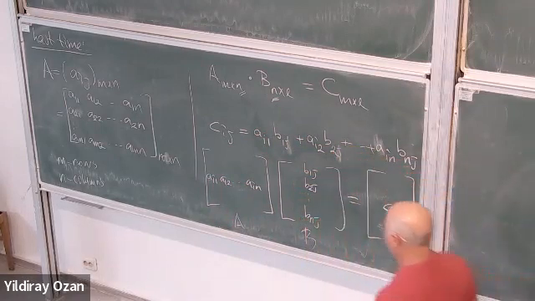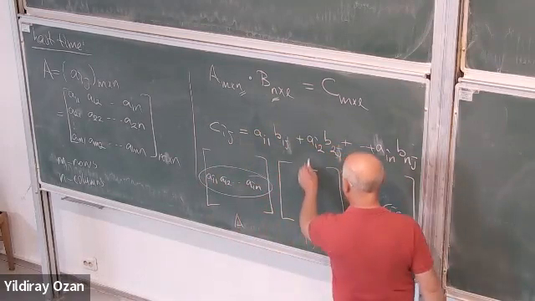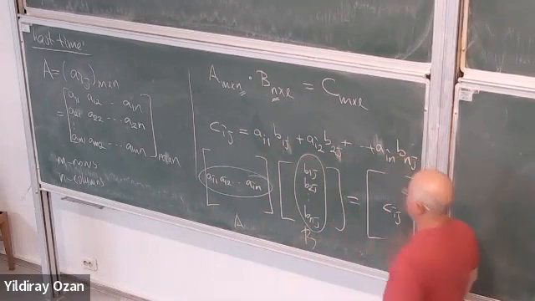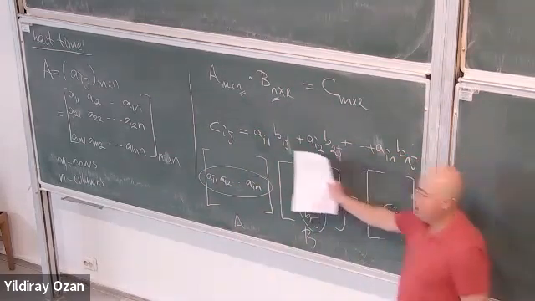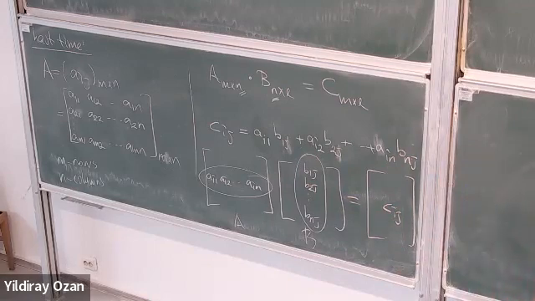Okay, so I multiply the ith row with the jth column this way, and I obtain the ijth entry of the product.